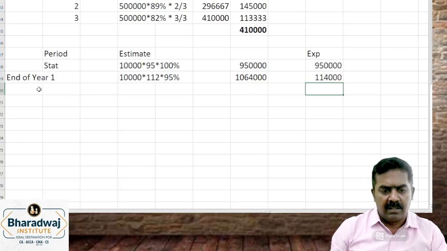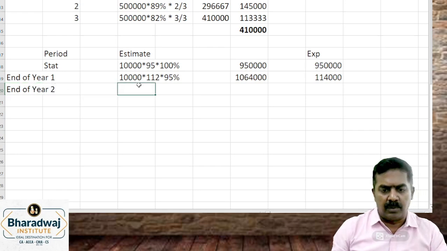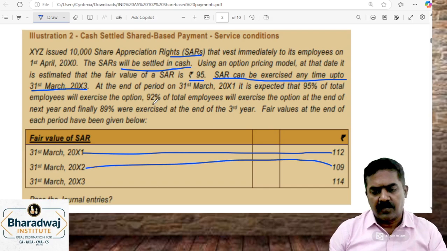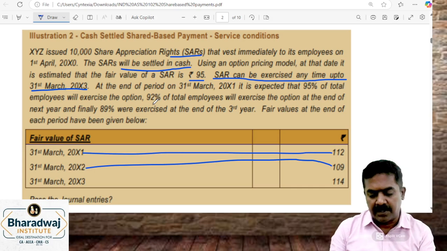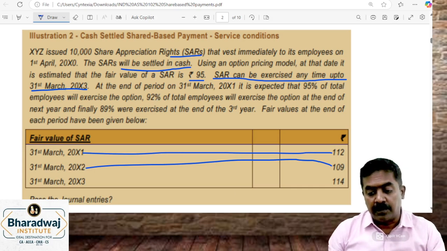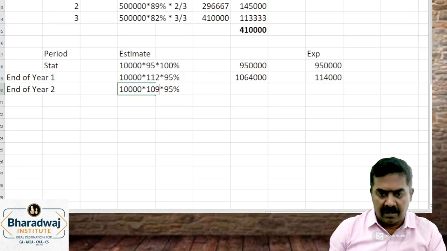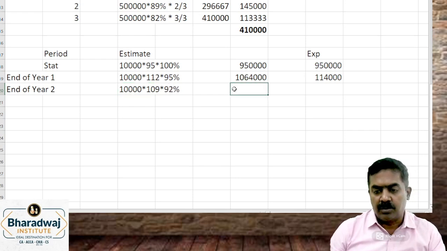Then end of year 2. End of year 2, how many options? 100 and what is the value? 109. How much percentage of employees are expected to exercise the option? 92% expect பண்றாங்க. 109 into 92%. So how much it will be?